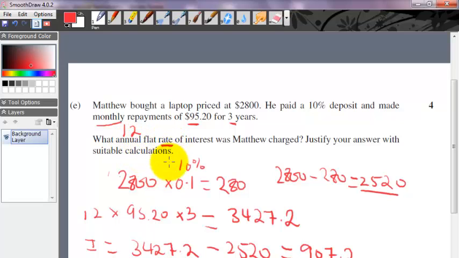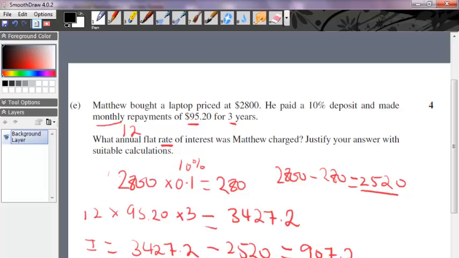Cool? But the question asks what annual flat rate of interest. It doesn't say calculate the interest, it says rate of interest, which means R. Right? Then from the formula sheet we have this. We have something that we named I is equal to PRN. If you have a look at the formula sheet, it's there. Simple interest. So I is now what? I is $907.20 equals, what's my principal amount?